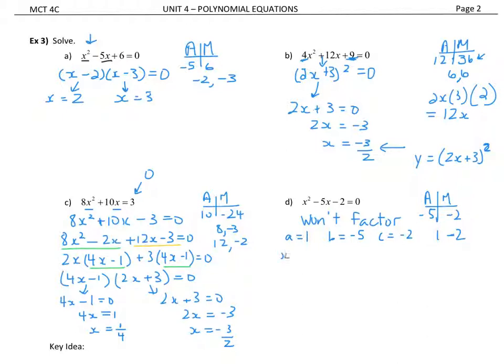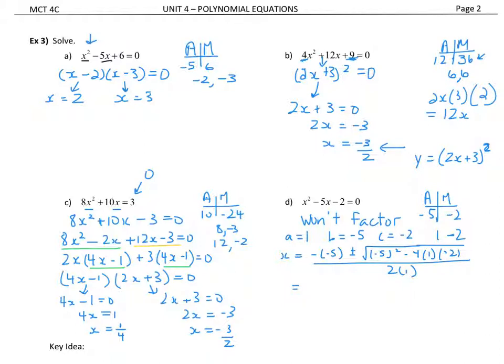So x equals -b plus or minus square root b squared minus 4ac, all divided by 2a.